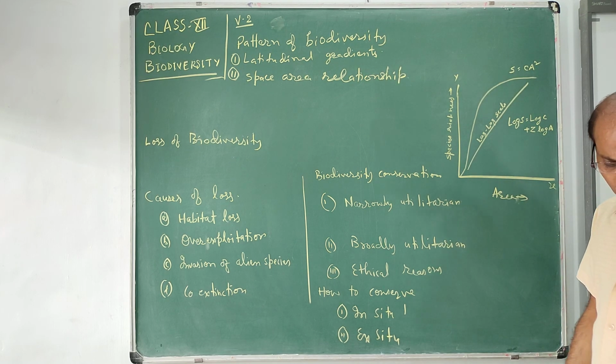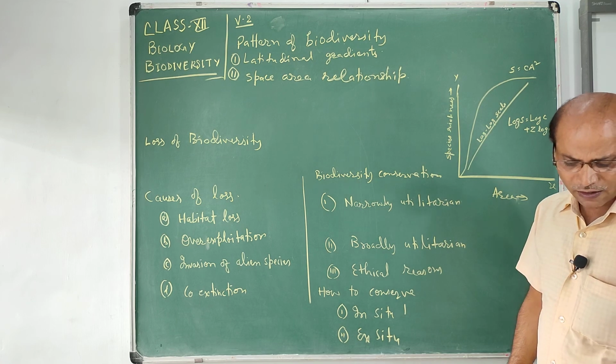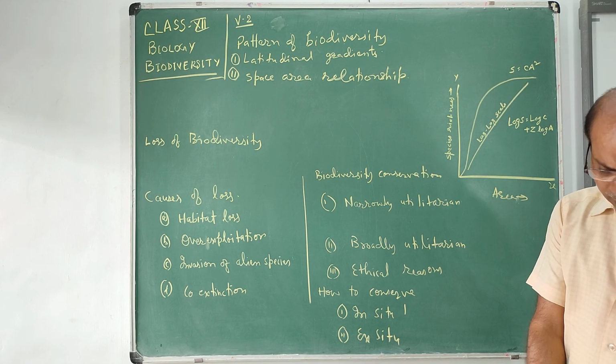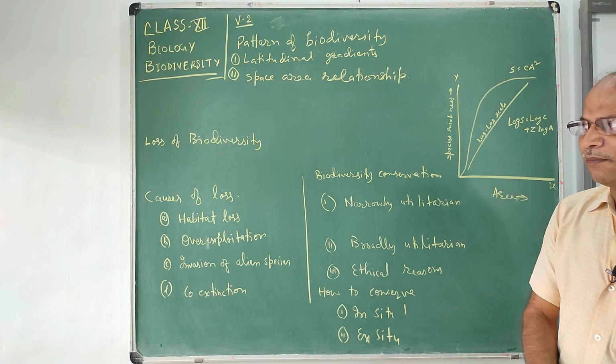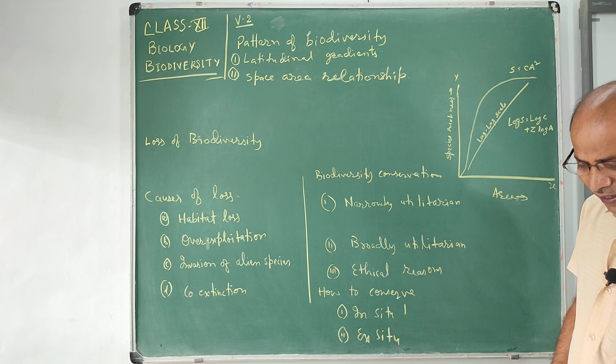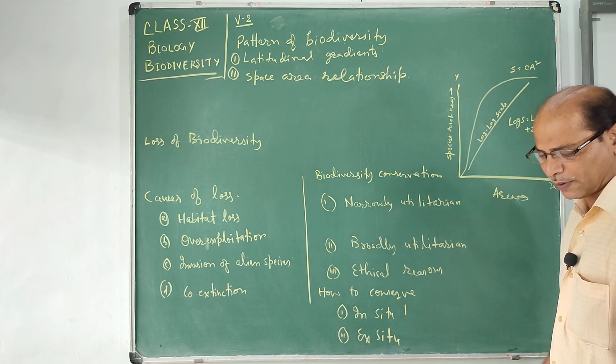The relationship between species richness and area for a wide variety of taxa appears as a rectangular hyperbola.